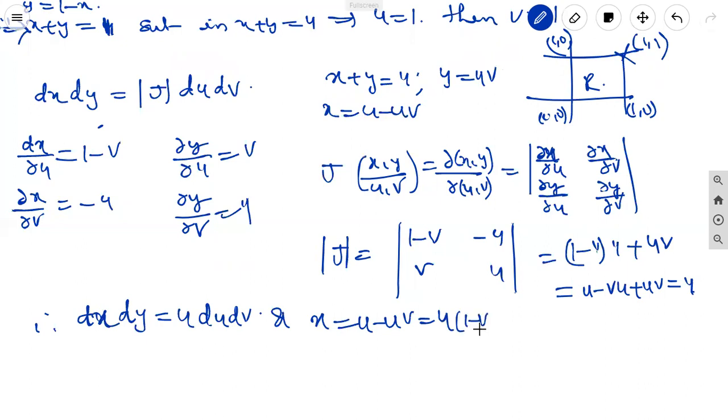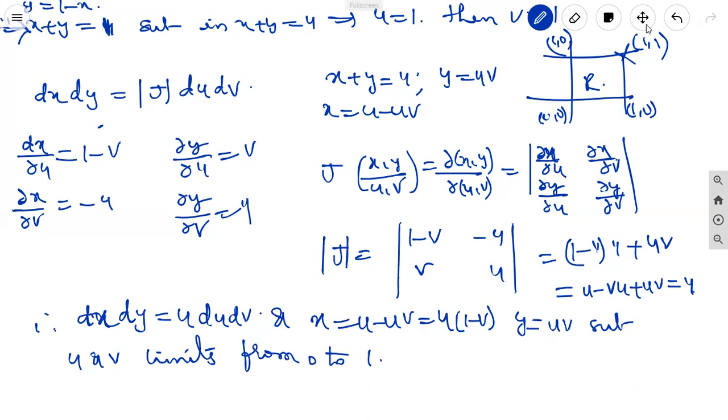And x equal to u minus uv, that is u into 1 minus v, and y equal to uv. Substitute, and the xy limits mean the uv limits are u and v limits from 0 to 1. Both limits are 0 to 1.